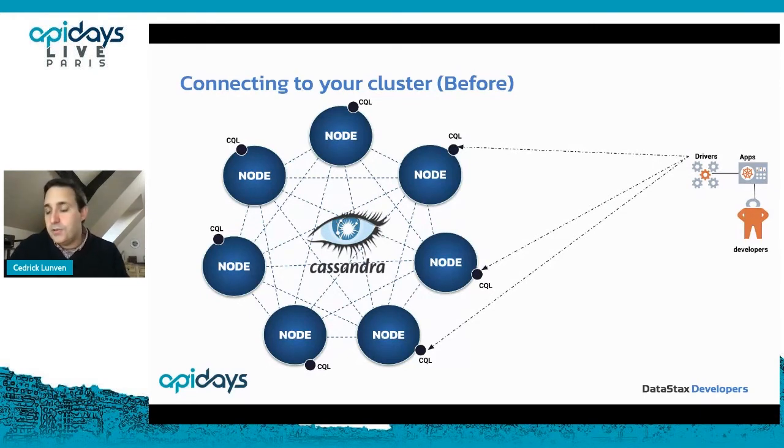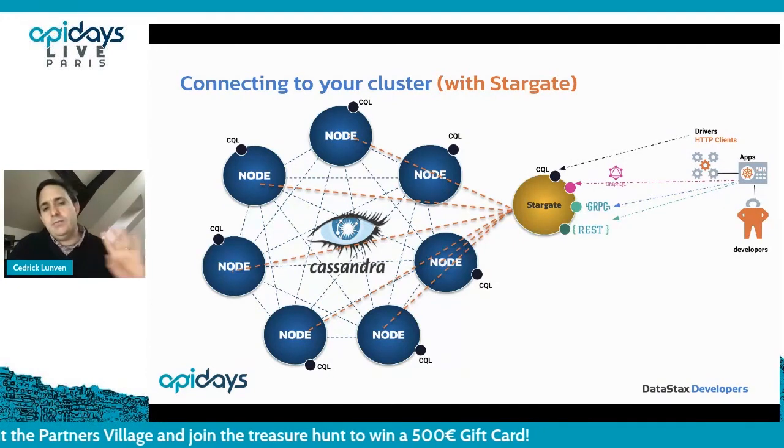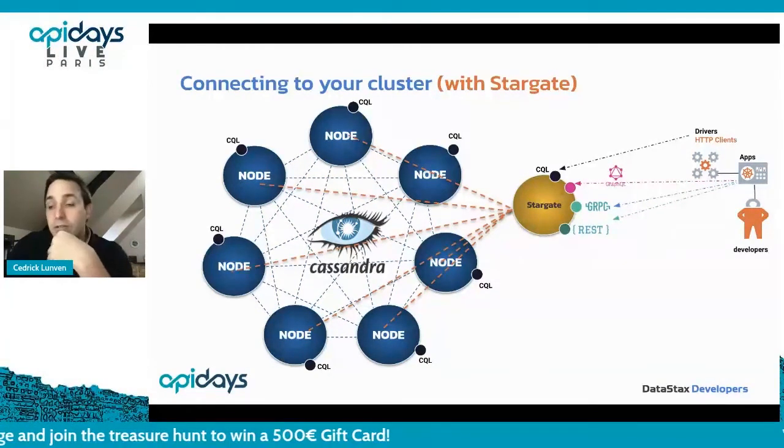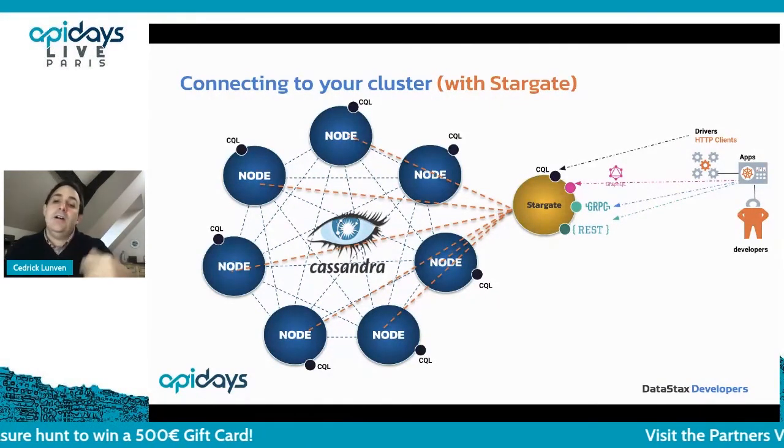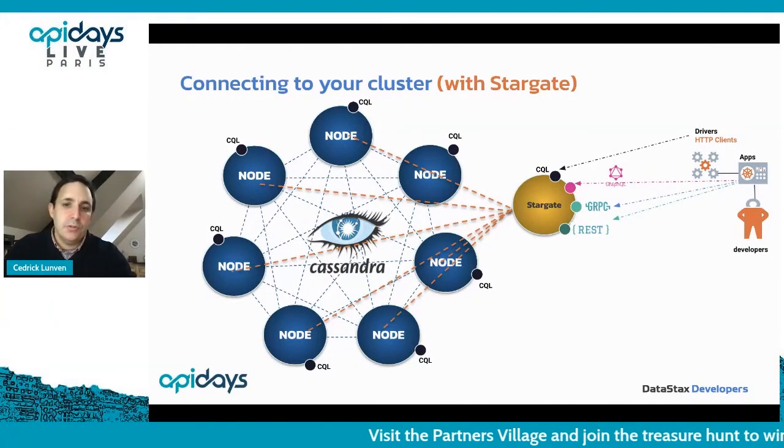That's one of the successes of the driver. So cool. Now if I put you in front of that the proxy, the data gateway, open source, you still have CQL. It's still available, but now you can interact with your data using REST, gRPC, and GraphQL, and it's stateless. The only thing you need is to provide an API key, and you will be able to interact with that.